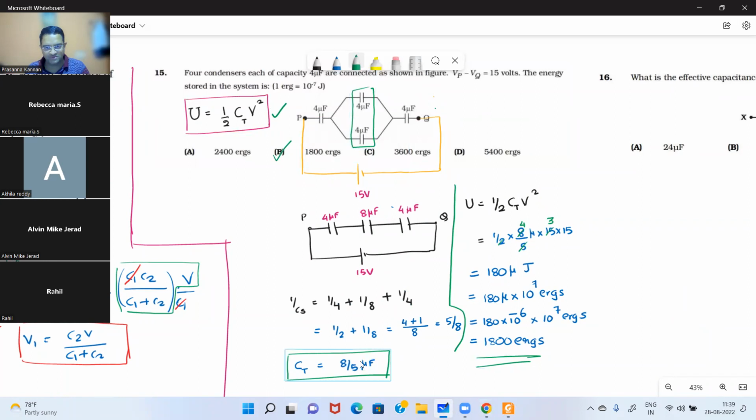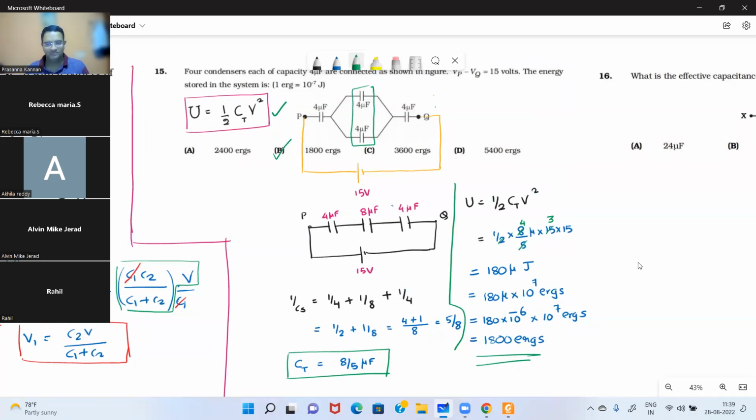So the effective capacitance becomes 8 by 5 microfarad. Once you know the total capacitance, you already know the voltage, which is 15 volts, so you can use the formula half CV square. We simplify that, and then convert from joules to ergs. 1 joule is equal to 10 power 7 ergs. Therefore, it is 1800 erg.